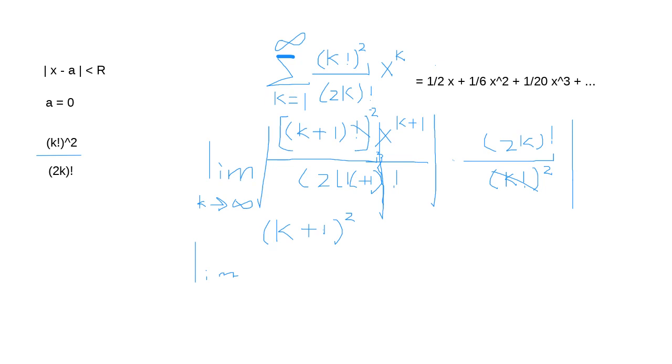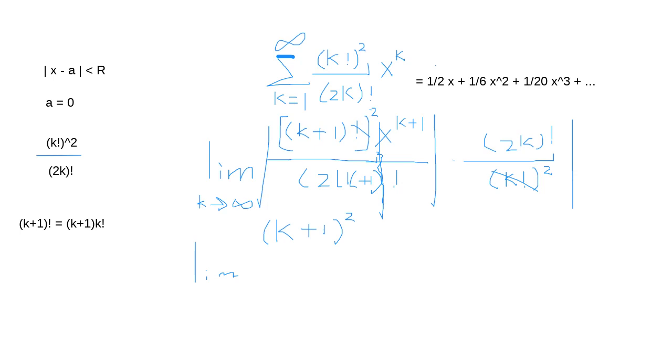Because k plus 1 factorial equals k plus 1 times k factorial. Just like 5 factorial: what's 5 factorial? 5 factorial can be written as 5 multiplied by 4 factorial. So k factorial squared cancels with k factorial squared here.